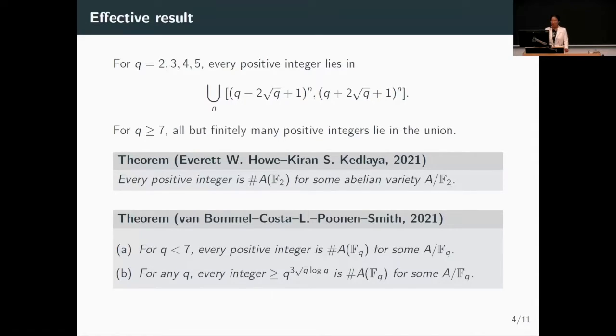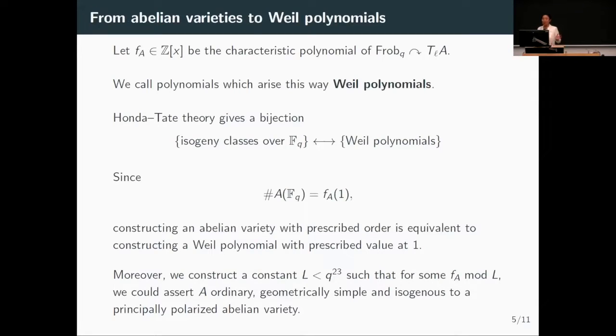Okay, so these are the results, and let's talk about how to deduce such results. How do I start with abelian varieties over finite fields with a given number of points? Given an abelian variety defined over a finite field, its most important invariant, I would say, is the characteristic polynomial of Frobenius acting on the l-adic Tate module of the abelian variety.